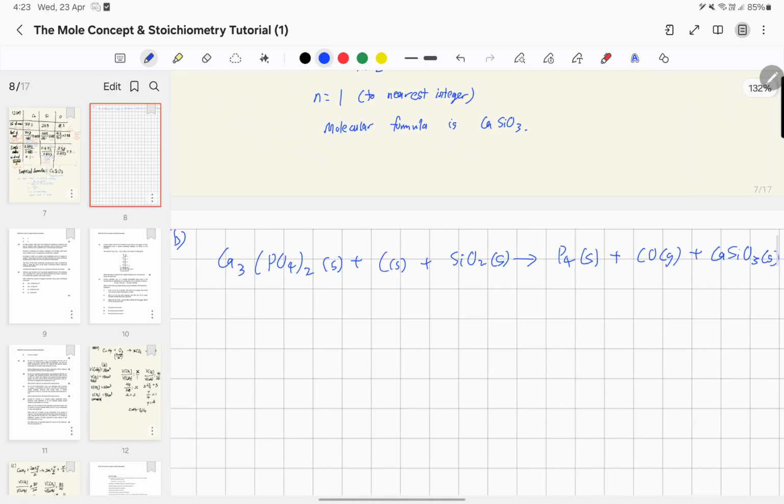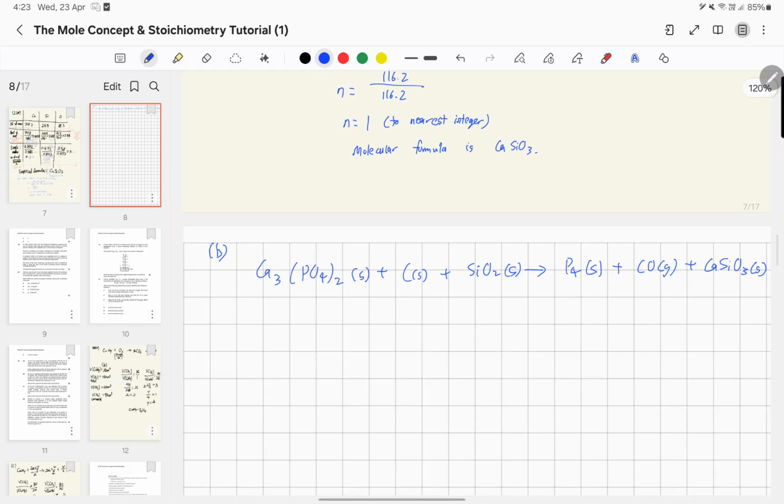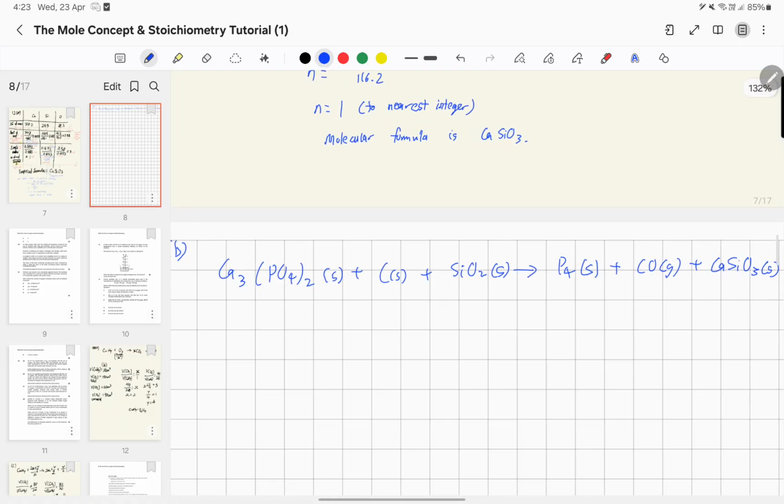And now, what you normally try to do is balance the atoms which do not appear more than once in the reactants or the products. So usually this is not oxygen or hydrogen. Maybe let's say I look at it across the board. Maybe I can try to balance calcium first.